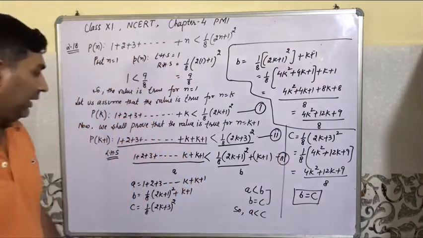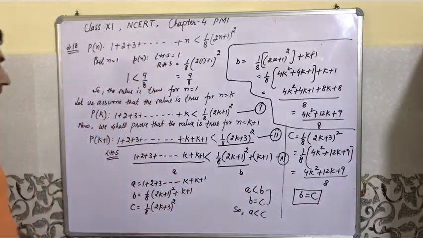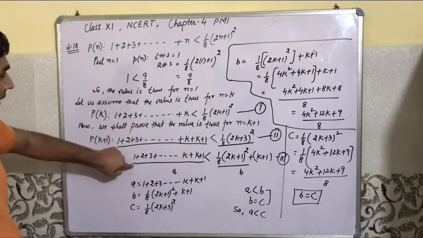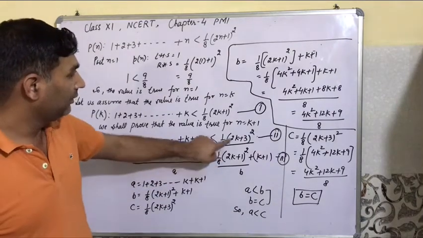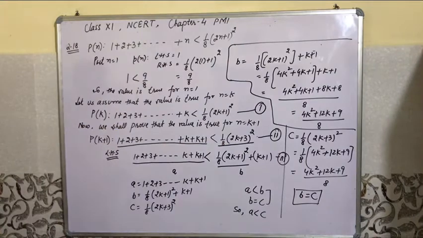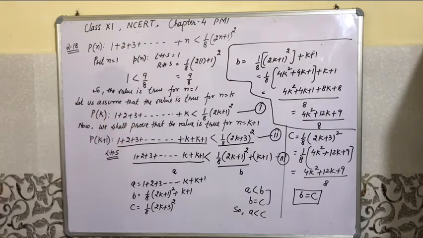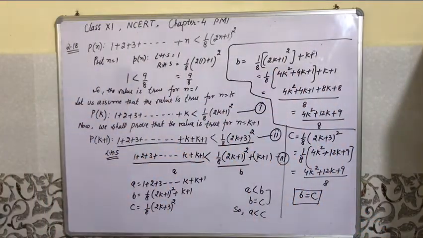Then a is less than b, b is equal to c, then a is less than c, then we can write this form: 1 plus 2 plus 3 and so on up to k plus 1 is less than 1/2 (k plus 3) whole square. The value is true for n is equal to k plus 1 whenever p of k is true. Hence by the principle of mathematical induction, the value is true for n belongs to N, for all natural numbers n.